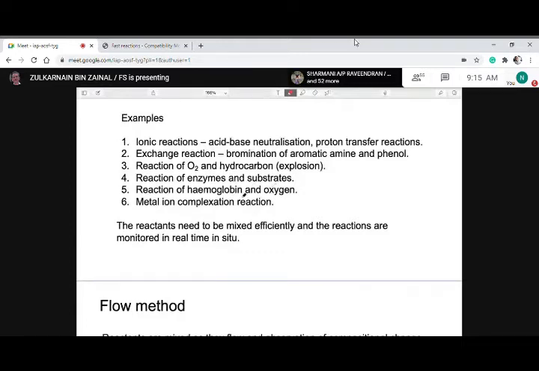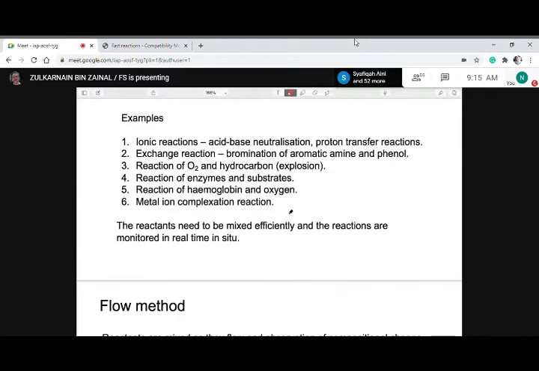Otherwise you would have to wait for some time for the oxygen that you have inhaled to react with hemoglobin, to give you energy and so on. And then metal complexation reactions. All right, this is also a very fast process.